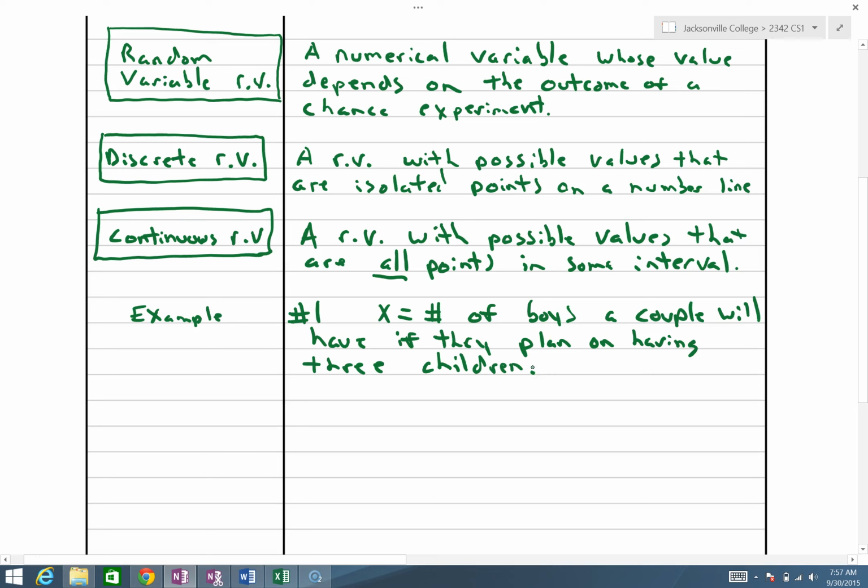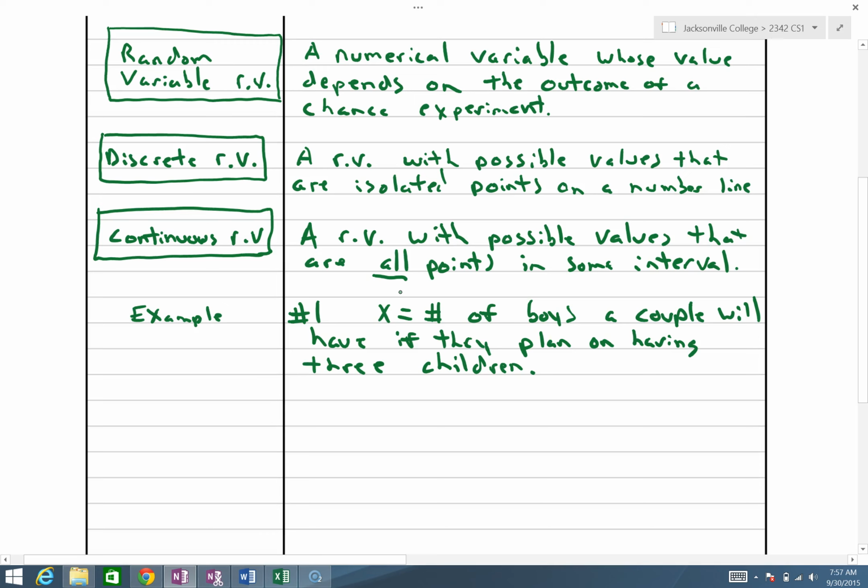So what we see is this x is the random variable. It is a numerical variable. That is, it's a variable, some symbol representing an unknown. But it's going to represent a number whose value depends on the outcome of a chance experiment.